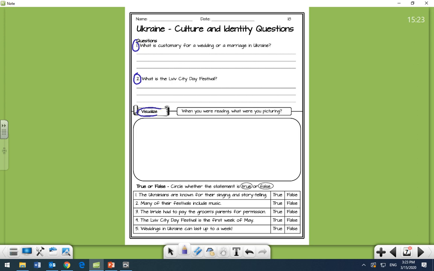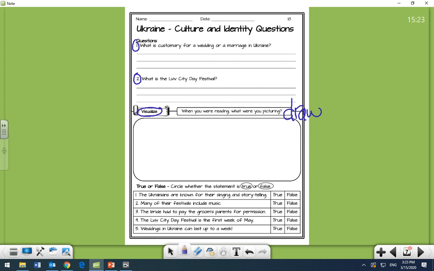There's a text feature, which is when we're reading, we can see what you are imagining. You don't have to pick something from everything, but try and pick a section and say what you're imagining. And I just want you to draw it. That's it. Just draw what you were imagining. And then again, true or false, you're circling whether it is true or false. Feel free to go back.